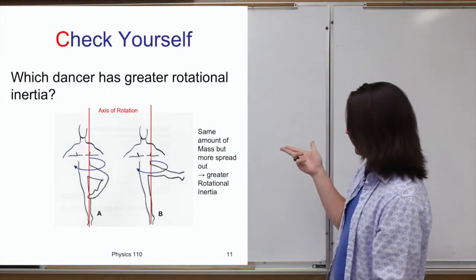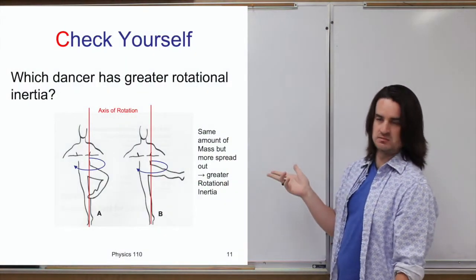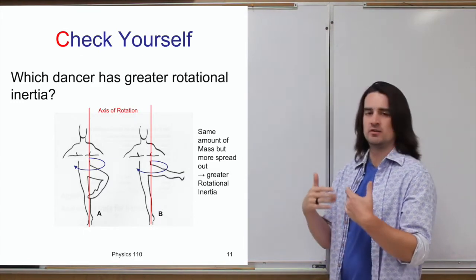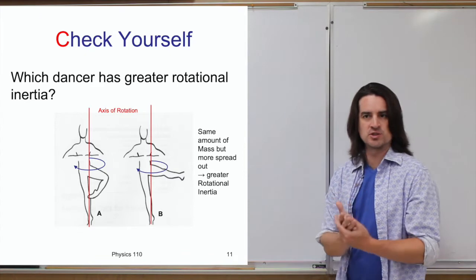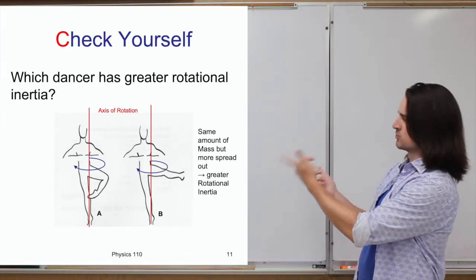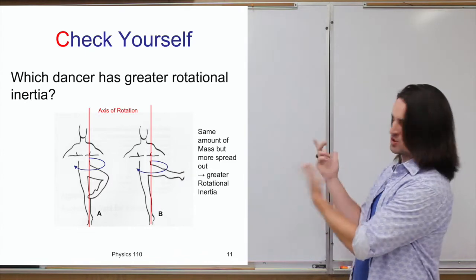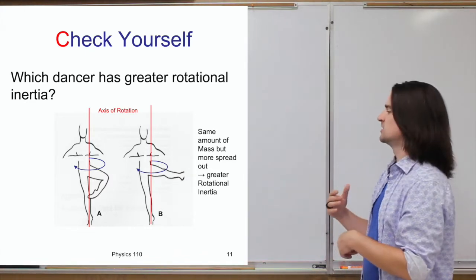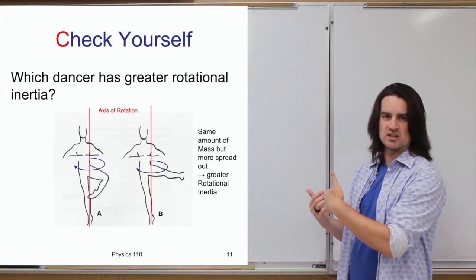All right, well, hopefully you said it was B. And the reason being, remember rotational inertia depends on how massive an object is, but in this case, we're talking about the same person, it's just different orientations of their limbs. So the mass is the same in each of these cases.